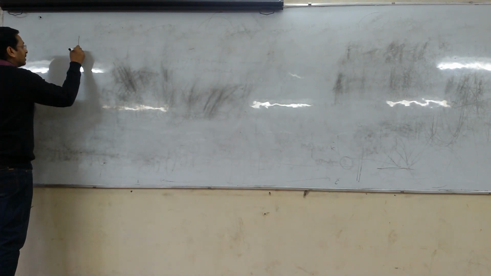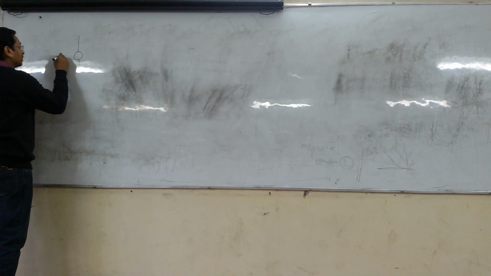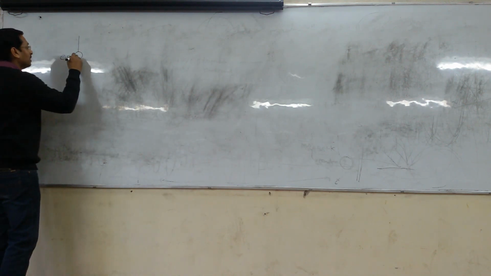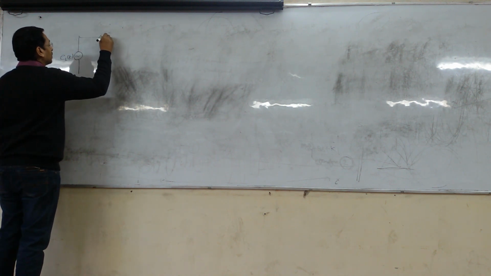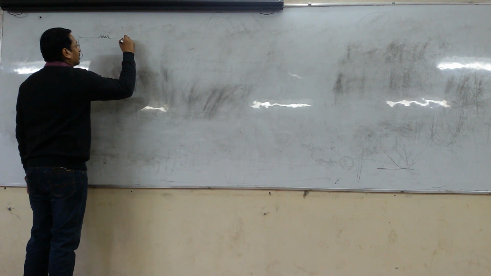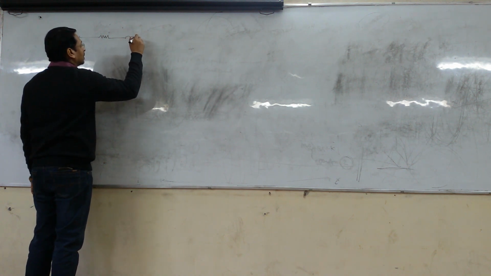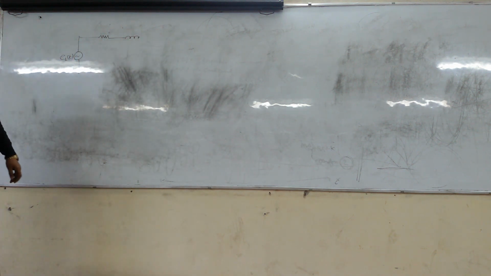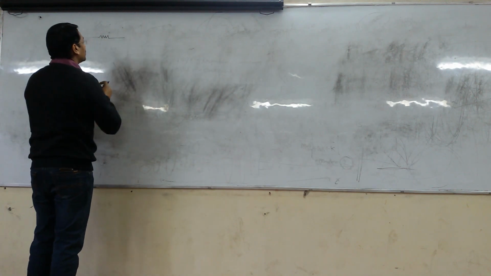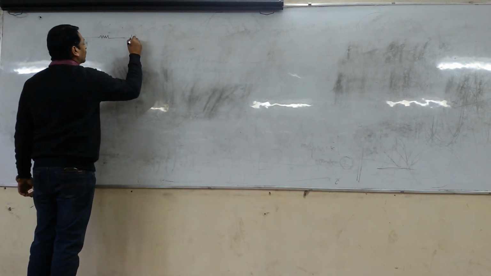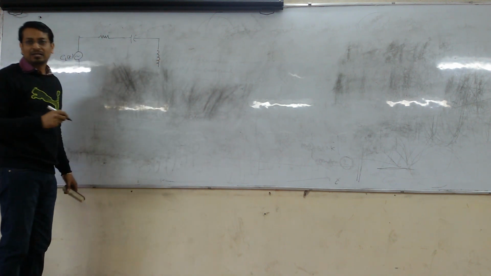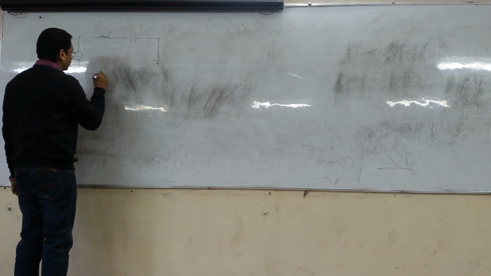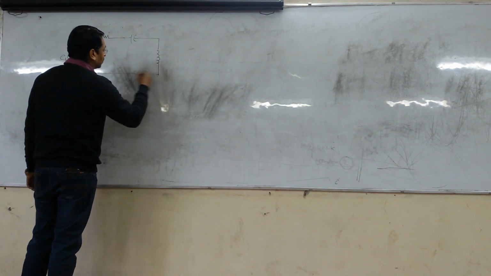Here an electrical circuit is provided with a source voltage e_i(t) and a resistor in series with an inductor and a capacitor, and means it is a series RLC type of circuit. You might have solved this in your circuits and systems course.